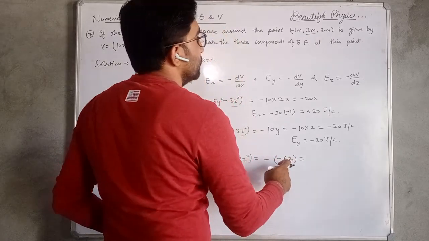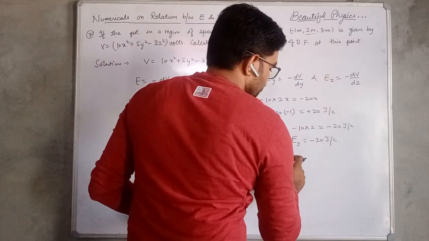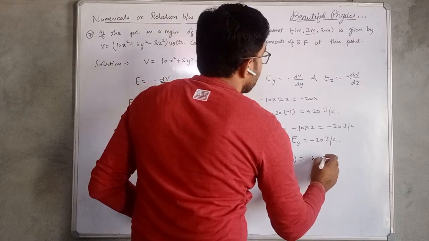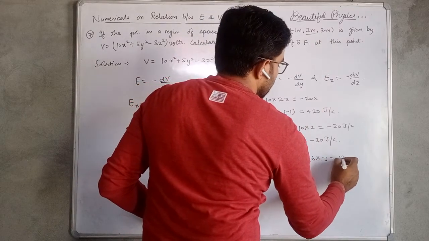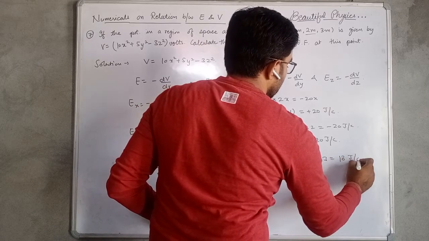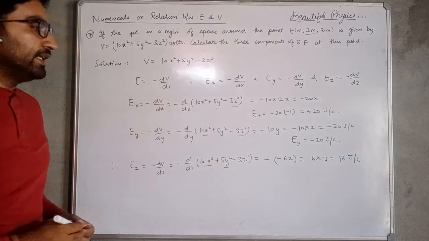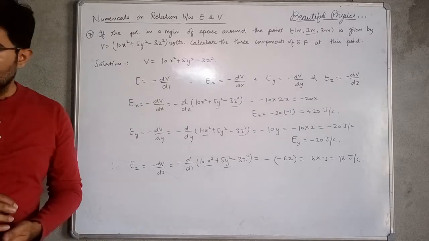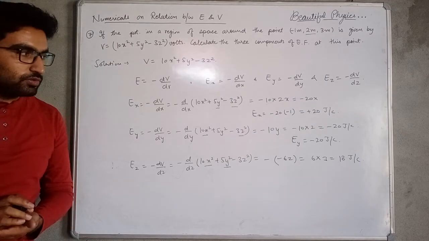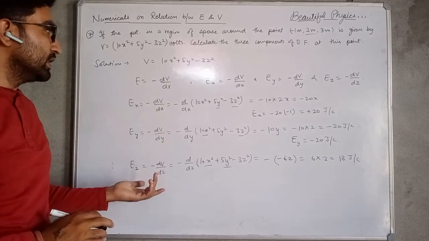Again we will put the value of z as 3, so 6 multiplied by 3 is equal to 18 joule per coulomb. So these are the values of the components of the electric field.